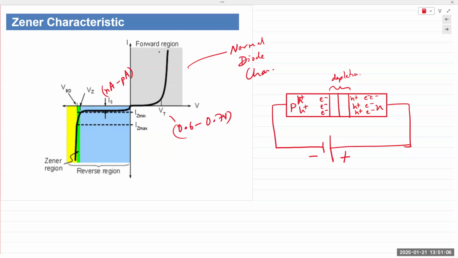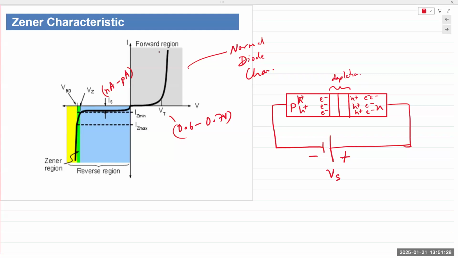But as the external voltage supply increases, more and more charge carriers are created. There are two mechanisms that occur. One is known as the Zener, the other one is known as the avalanche.